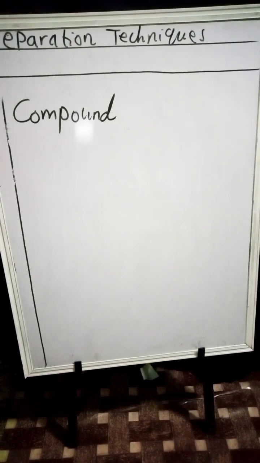So the things that will help us to make a choice of the method to employ are something like the size of the particles. Take for instance, let's assume we have beans mixed with rice. You know that the size of the beans and the size of the rice are not the same.